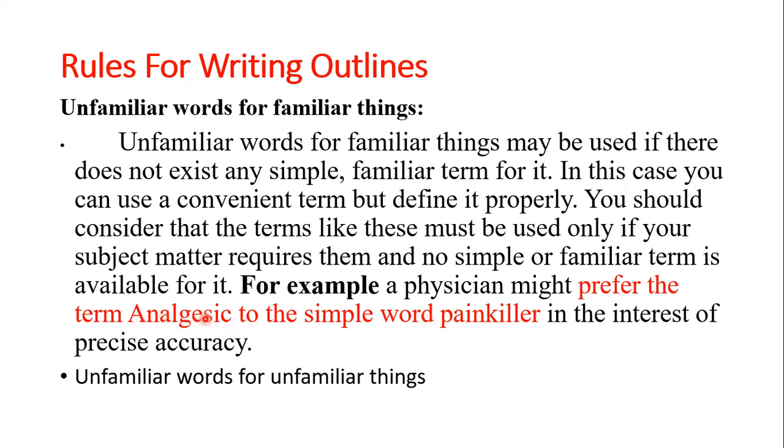Now this analgesic is a technical term used for the types of medicine used for painkilling. Similarly, the word tranquilizers. Clear? The medicine used for calming the brain. People are familiar with the object, but they are unfamiliar with the word.